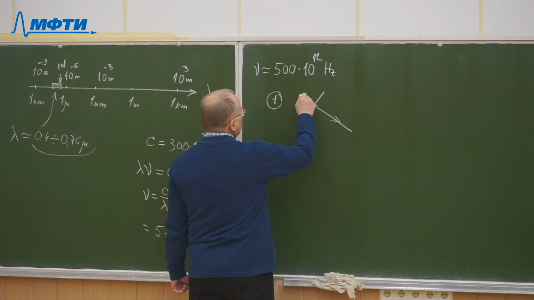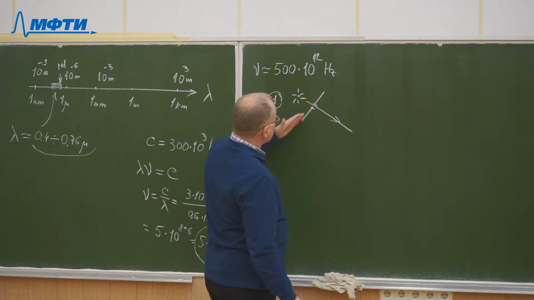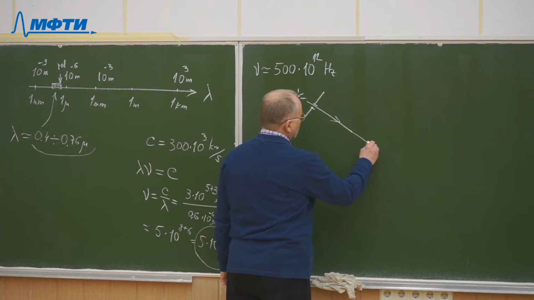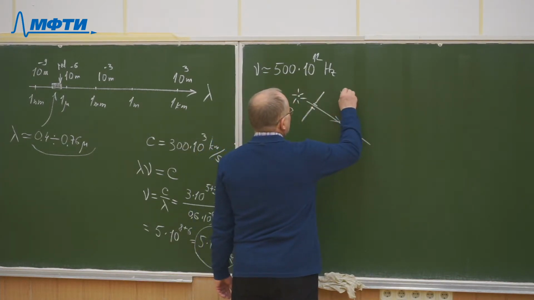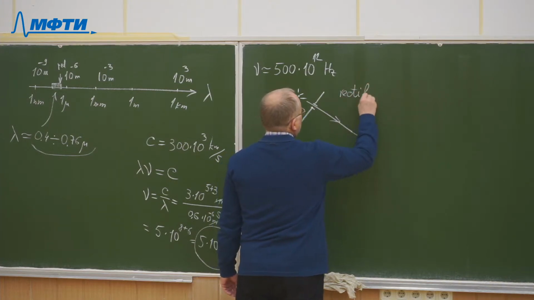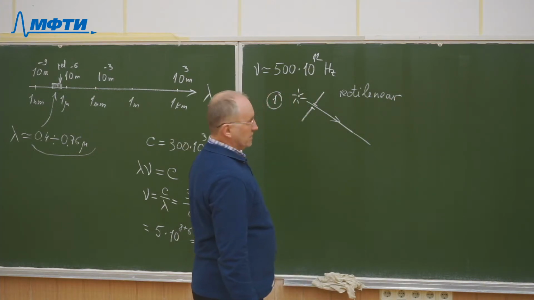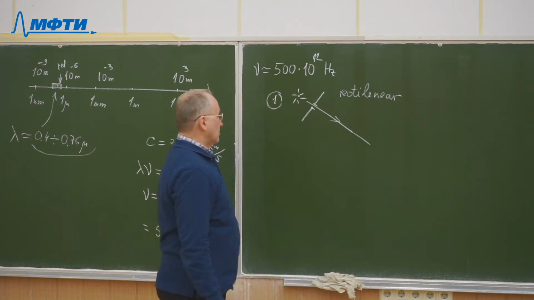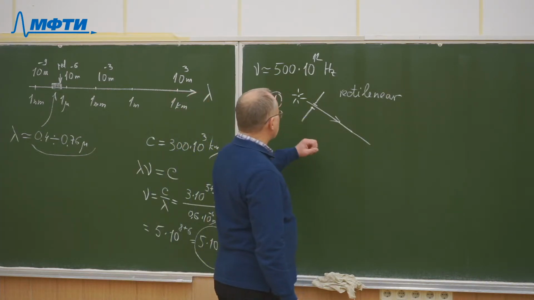If we have some source of light, then behind this wall with a small pinhole, we will have a light ray, and that ray will propagate along a straight line. That is rectilinear propagation of light rays. That is very important and one of the simplest properties of light.